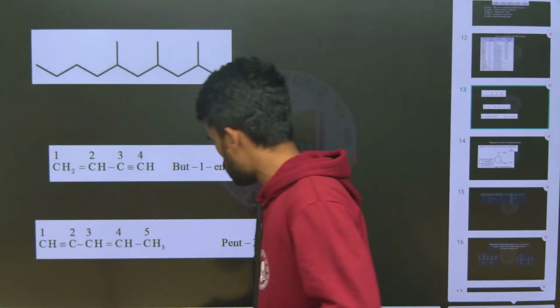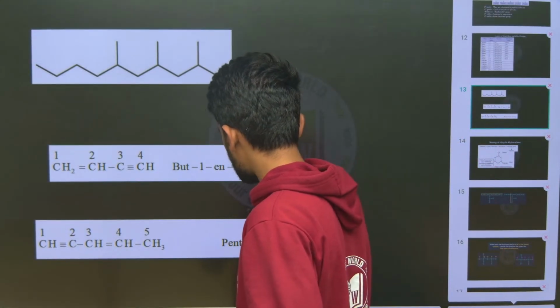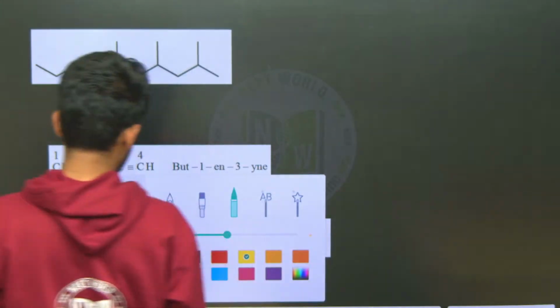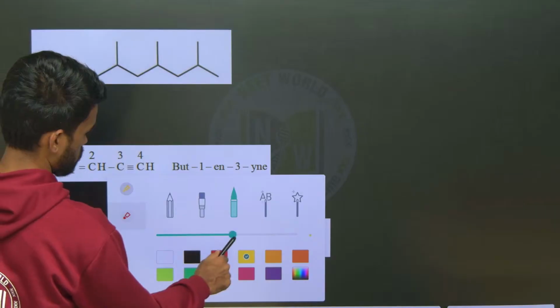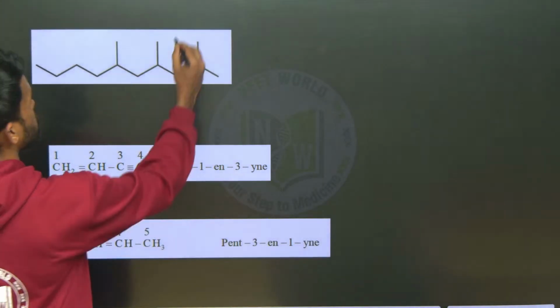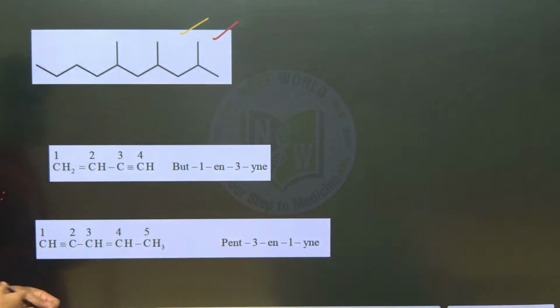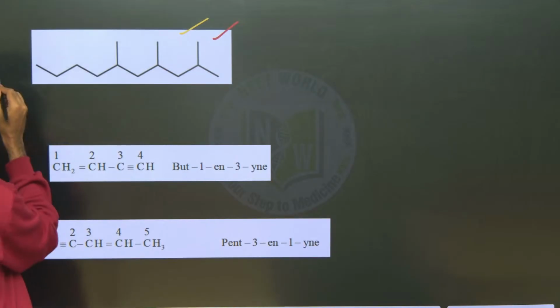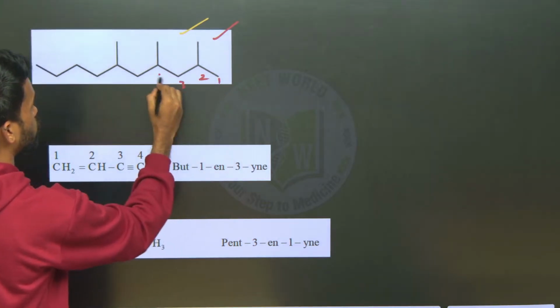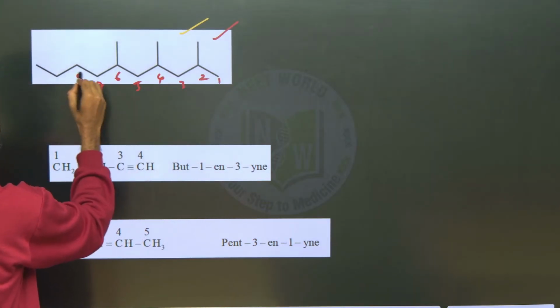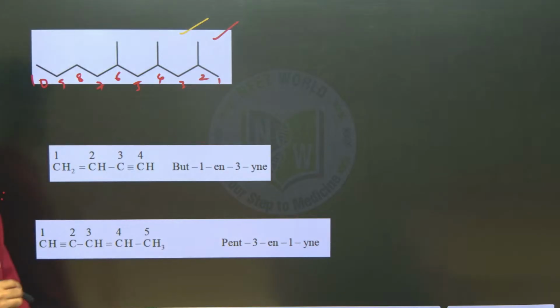Now, can you tell me the name of this compound? Identify the longest parent chain first. I have 1, 2, 3, 4, 5, 6, 7, 8, 9, 10. So 10 carbons means decane.